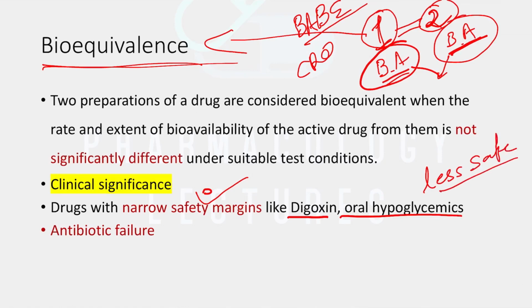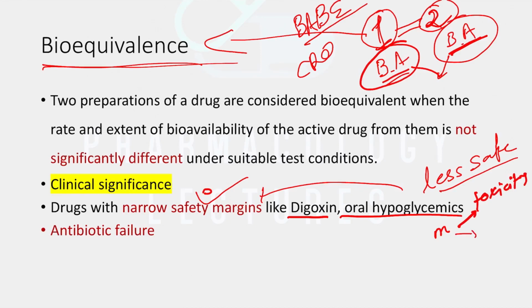These drugs are called drugs with narrow safety margin. It means if we increase their concentration even in microdose, there are chances of toxicities.